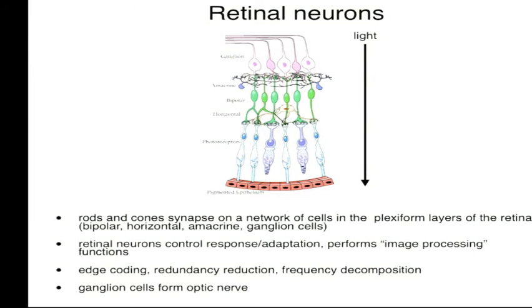Yes? I don't quite understand how having a reflective surface instead of the pigmented epithelium makes you nocturnal. It doesn't make you nocturnal. I was just saying that one of the differences between nocturnal animals and us is that in us, the epithelium is dark and actually absorbs light that hits it, okay? For the most part, the red eye that you see is some reflection from that, but for the most part, it's dark. In cats, for example, instead of the epithelium, they have something called the tapetum, which is essentially like a mirror.